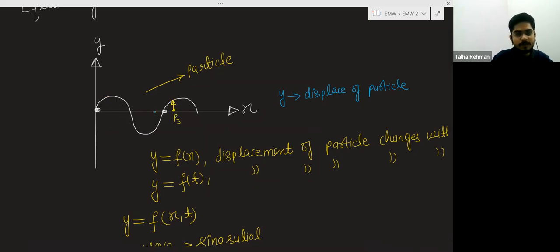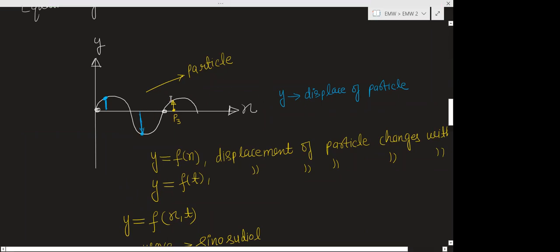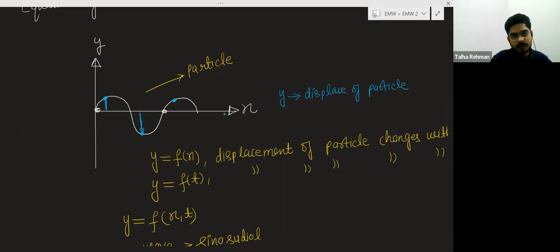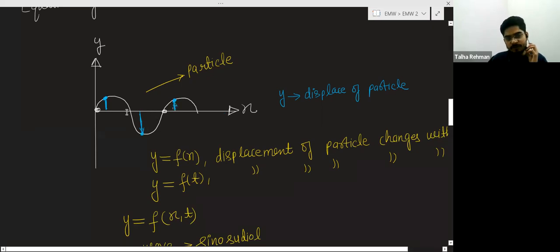Suppose this is a particle in the wave; this will be its displacement. If after some time the particle is here, this will be its displacement. If the particle is here, this will be its displacement. So with distance, the displacement of the particle is changing.